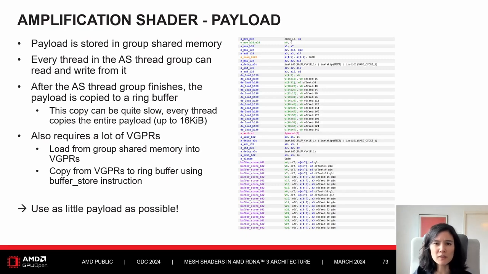It also requires a lot of VGPRs because what's happening is that the payload gets loaded from group shared memory into VGPRs, and then from the VGPRs it gets copied to the ring buffer using a buffer store. You can see this in the ISA actually. So the recommendation is to use as little payload as possible. And this concludes the section about performance recommendations.